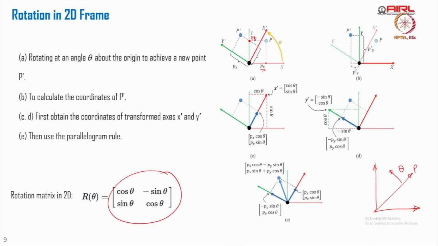Now when we rotate this entire system by an angle theta, what happens? Then the new vector is here. We can check from this particular figure that when the new vector or the point P hat is projected on the new axis, this particular term becomes the x coordinate in the transformed coordinate system, and this particular point becomes the y coordinate, which is shown here.